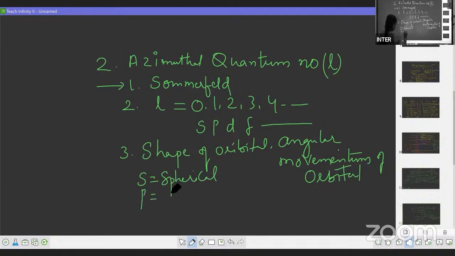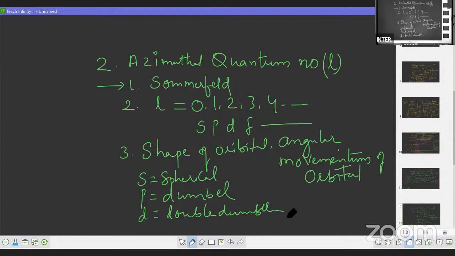The orbital shape can be triangle. The orbital can be double diamond. So this is about the azimuthal quantum number.